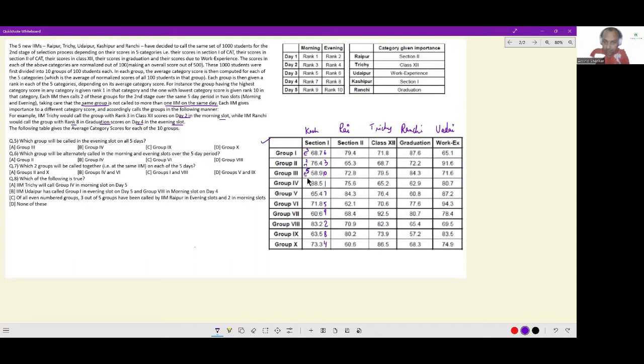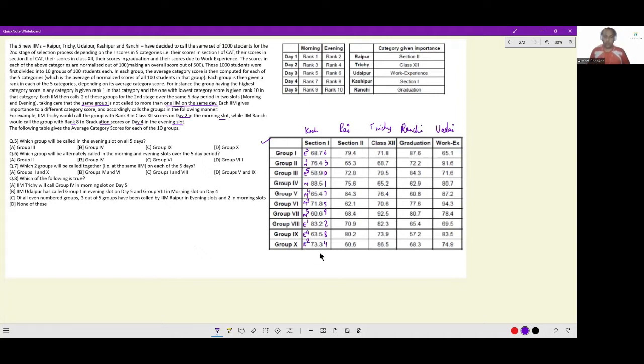Day 5 evening, rank 1 would be day 1 morning, 7 is day 4 morning, 5 is day 3 morning, group 7 is day 5 morning, group 8 is day 1 evening, 8 is day 4 evening, and 4 is day 2 evening.